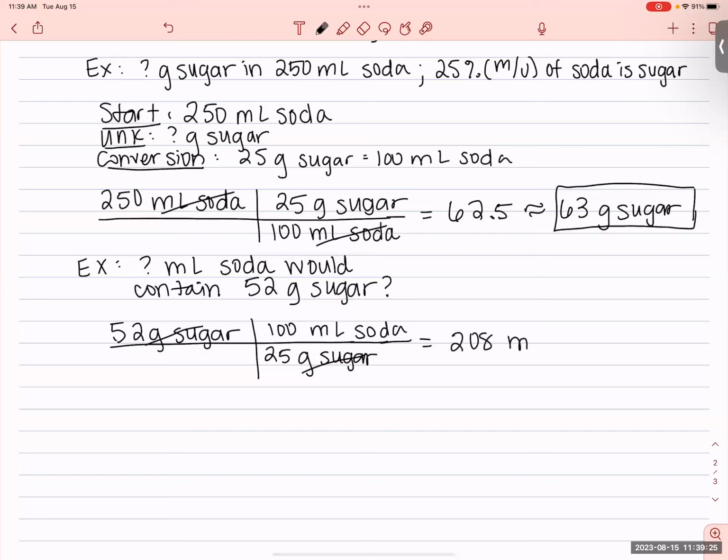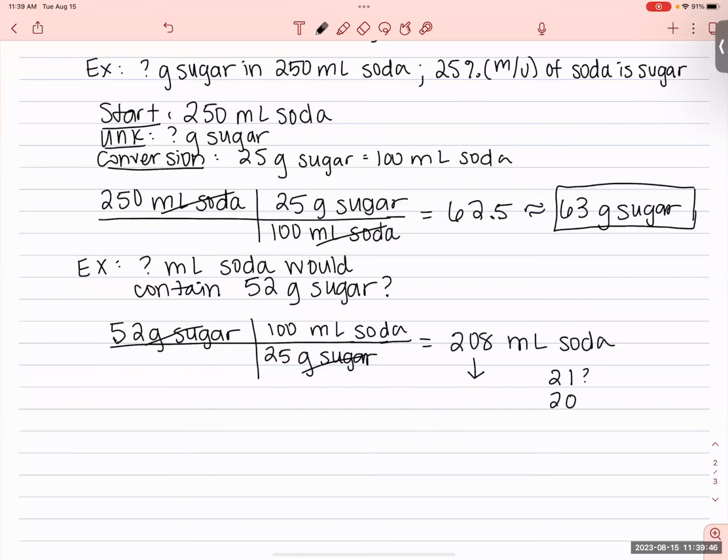We have a little bit of a sig fig problem here. I want you to pause and think about it. You need 2 sig figs. How are we going to get 208 to turn into 2 sig figs? Can you say 21?